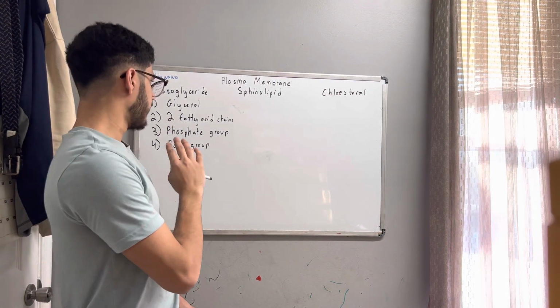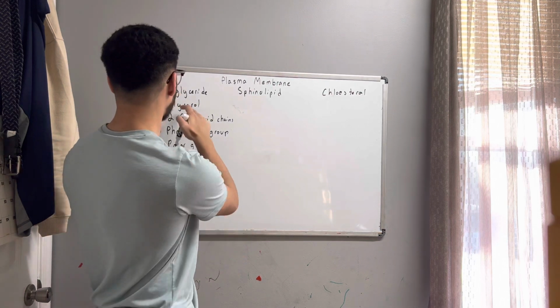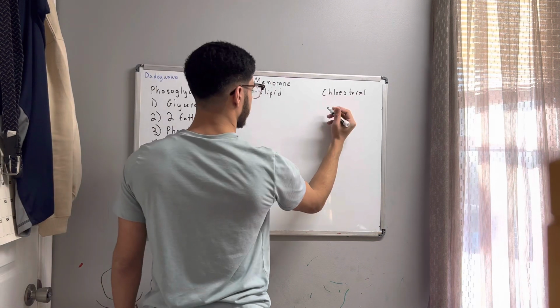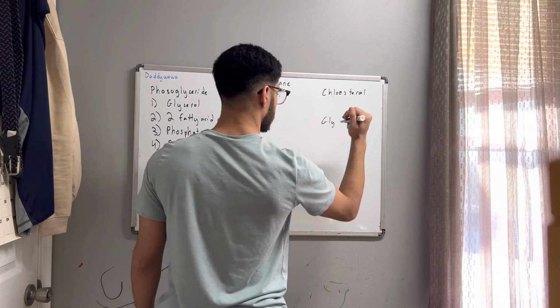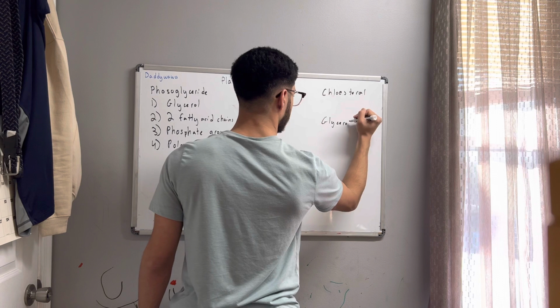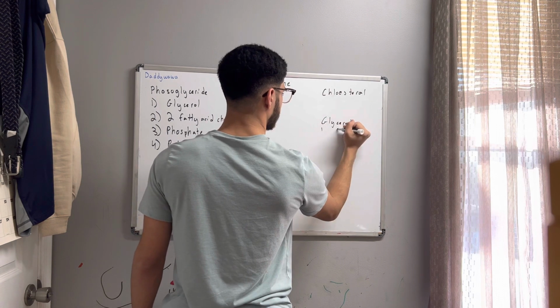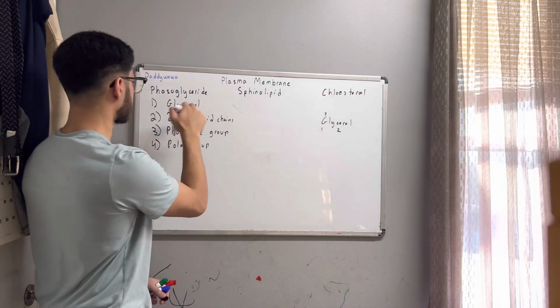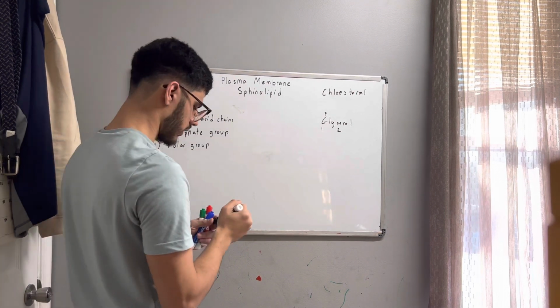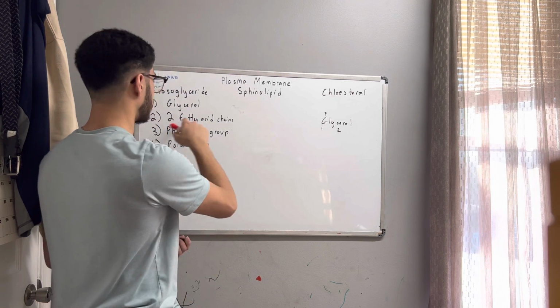Now I'll draw it. Let's start with glycerol. For glycerol, there are 3 carbons. So let's do 1, 2, and then 3. Now we have our glycerol, check mark. Second, we need our 2 fatty acid chains.